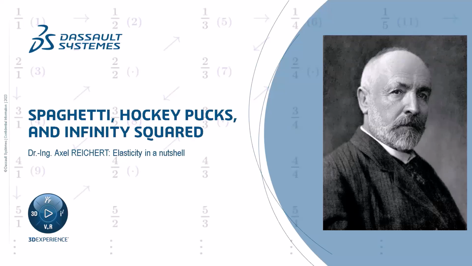Just as an aside, I have also studied a little bit of mathematics. I'm not only a mechanical engineer, and you will see during the talk that it shows occasionally. So that's infinity squared, but I'll come back to infinity squared later on during this talk.